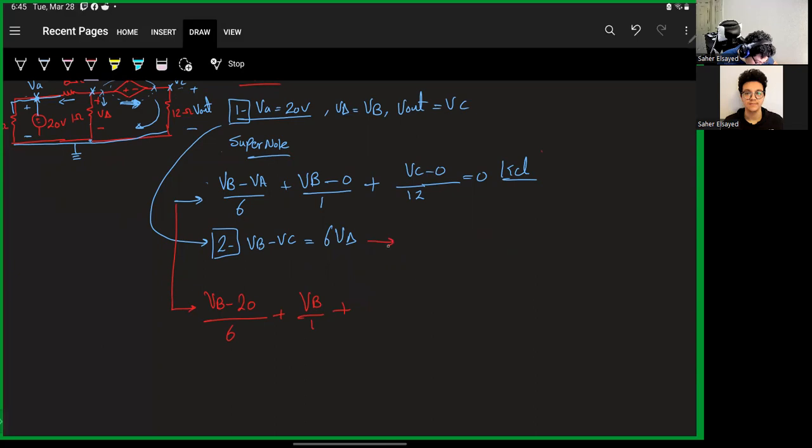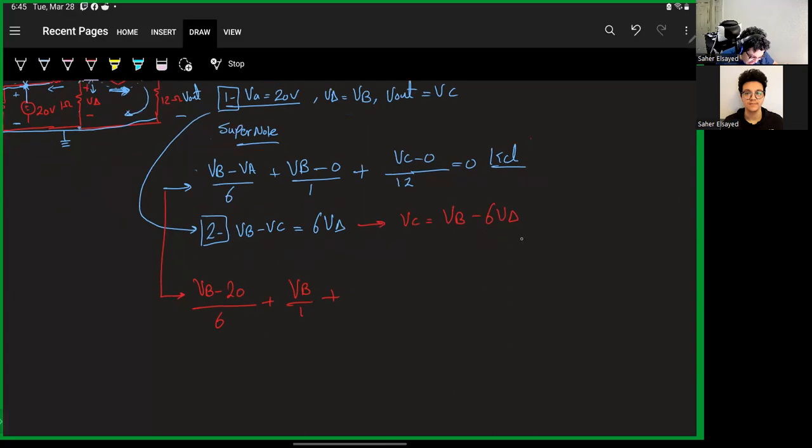From here, we can derive VC in terms of VB, such that VC is VB minus 6V delta. And what is V delta? V delta is VB. So, again, more simplification: VC is VB minus 6VB, which is negative 5VB.